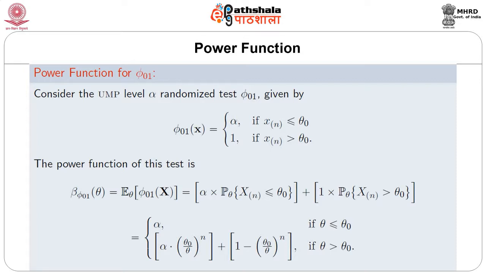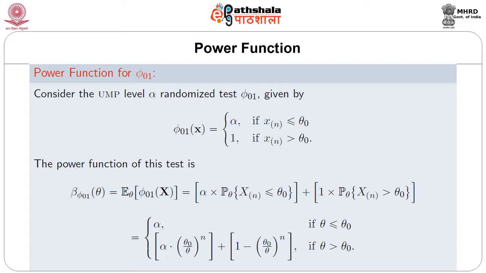So theta naught plays the role of b. If we see the last slide, b greater than theta gives probability 1, and a less than theta gives probability (a by theta) to the power n.